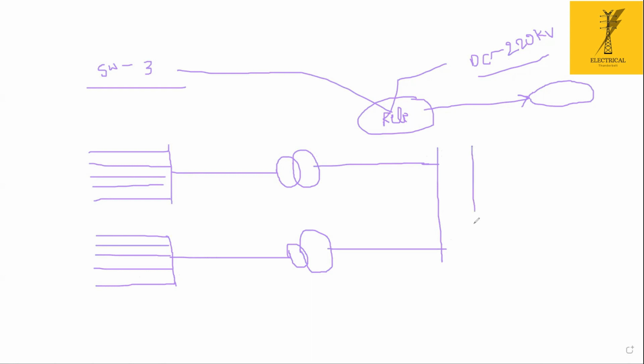So the configuration would result like this. And we decided to have 2 numbers of 220 kV lines going out from my substation, and to make it an uninterrupted bus change, we are having a bus coupler here.